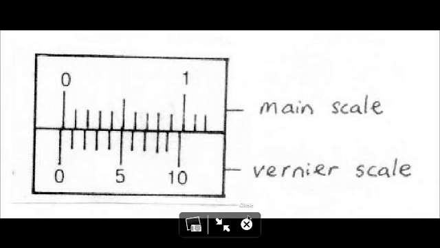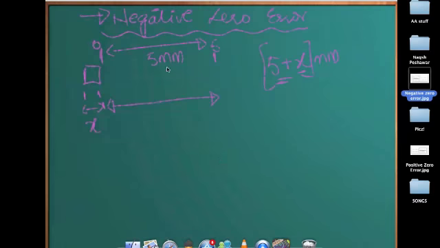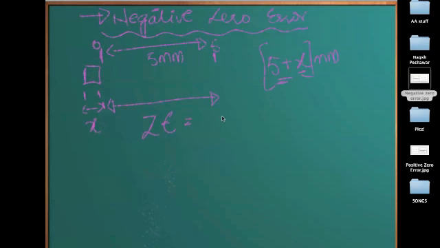So we have a zero error of 0.8 millimeters: the 8th mark multiplied by the accuracy, which is 0.1 millimeters, becomes 0.8 millimeters.